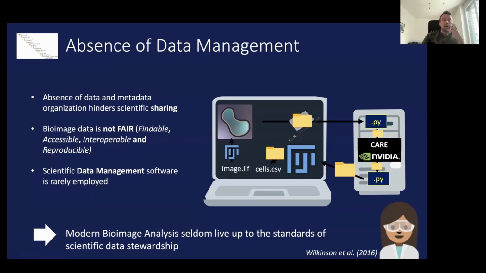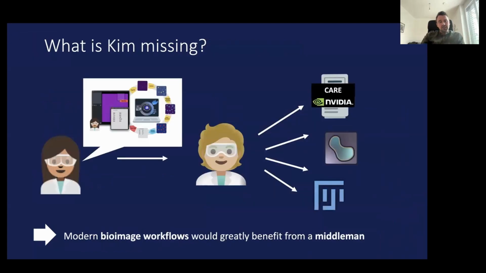But tools that bring these features in are rarely employed. Some people might know OMERO as a database, which sort of centralizes your data storage and brings it into a format that you can use and explore in the future. But this is often a post hoc solution, and it's not part of the workflow itself. So the data management is always an archive solution instead of a real-world data solution.